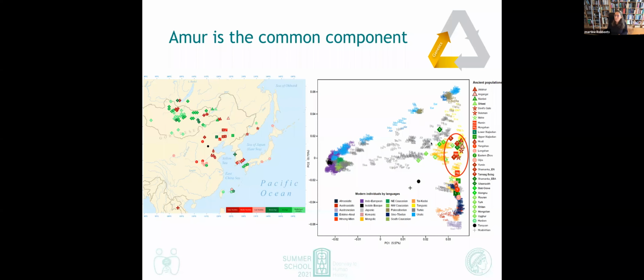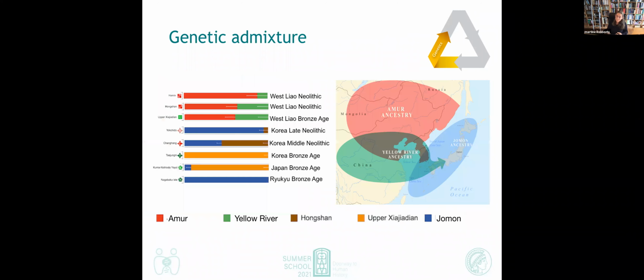So the Turkic people underwent much Western Eurasian admixture. And this Amur-like ancestry is also present in Japanese and Korean speakers, which makes of this Amur component a kind of common component shared by all speakers of Trans-Eurasian languages.